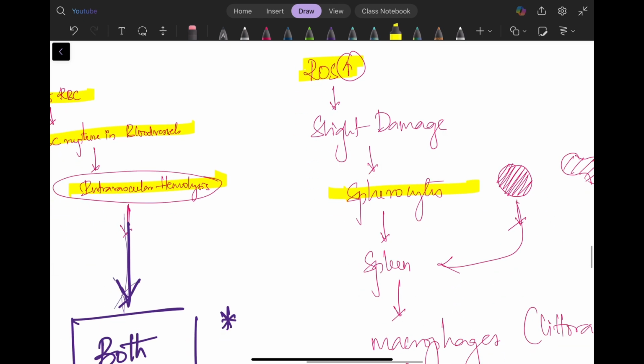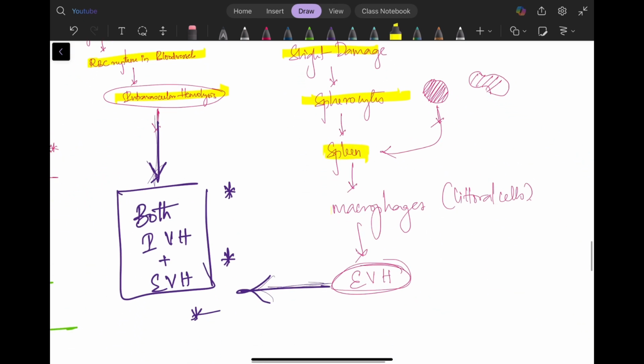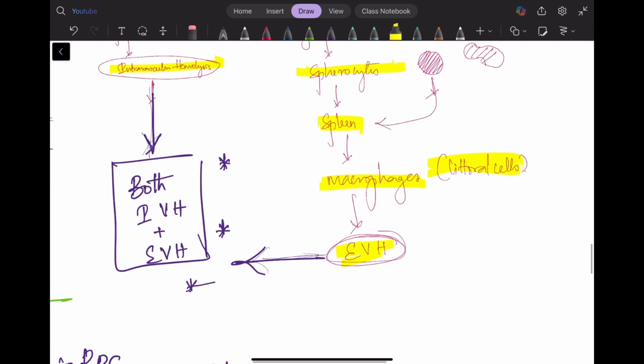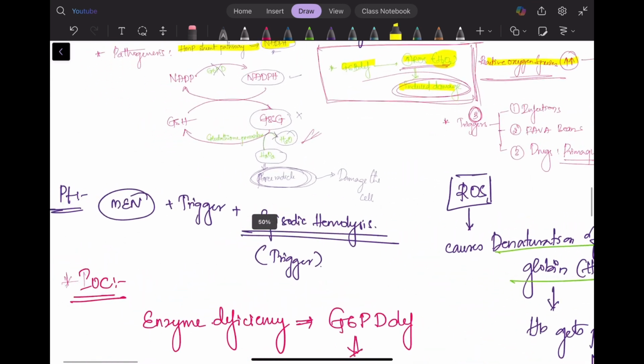Also, don't forget, ROS increases, leading to slight damage, spherocytes will be there, which enter the spleen, where macrophages of the littoral cells eat the spherocytes, leading to extravascular hemolysis. So the important point to remember is that both intravascular and extravascular hemolysis take place.